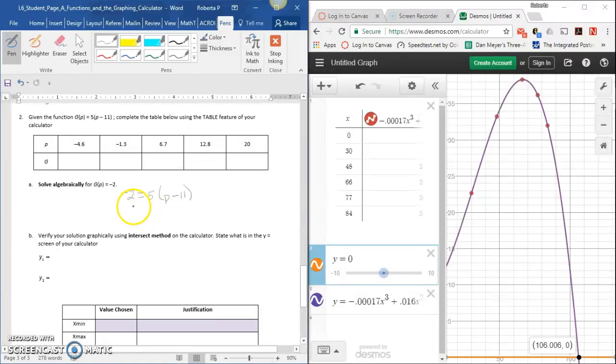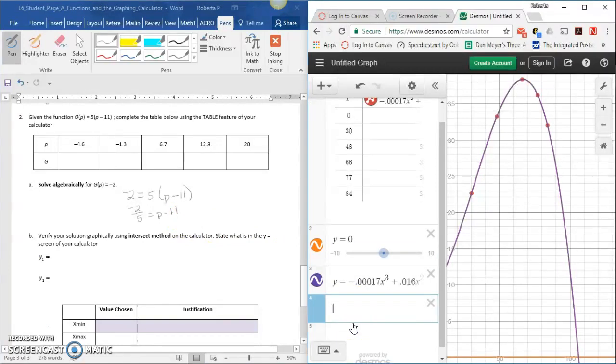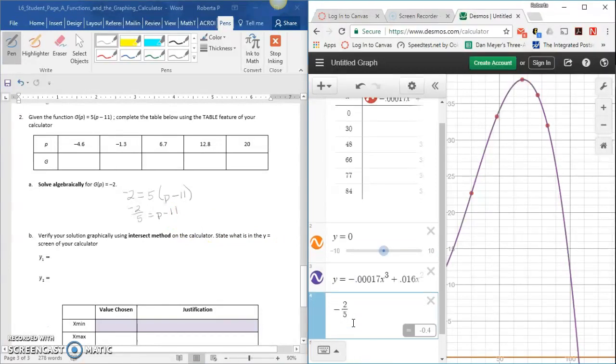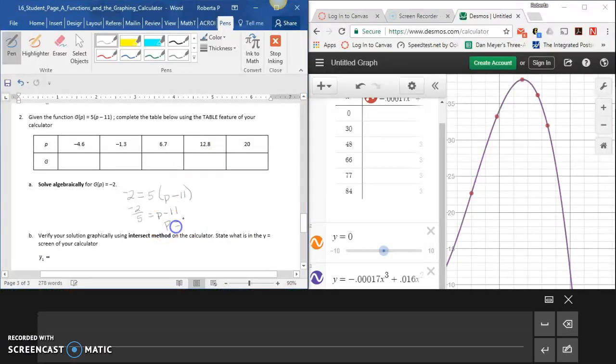If I divide by 5, so -2/5 equals P minus 11, and then I add 11. I can just go to Desmos and let Desmos take -2 divided by 5 and add 11, and you'll see the answer is 10.6, so we know P equals 10.6.